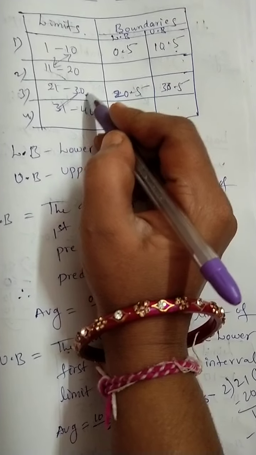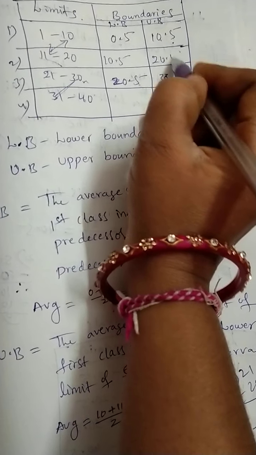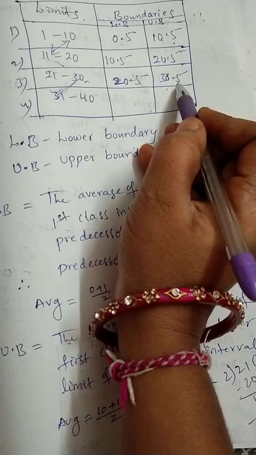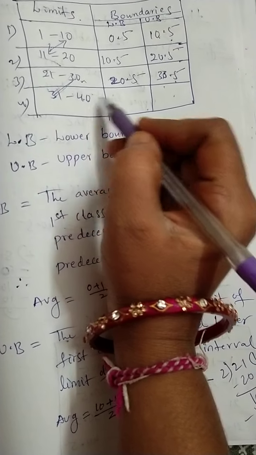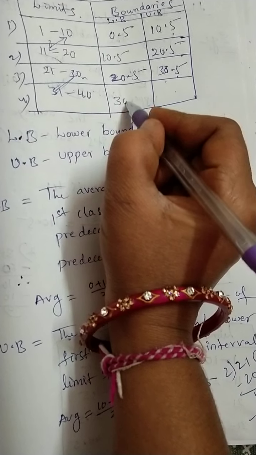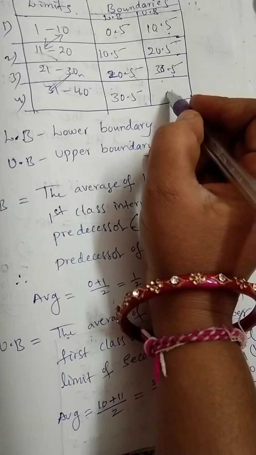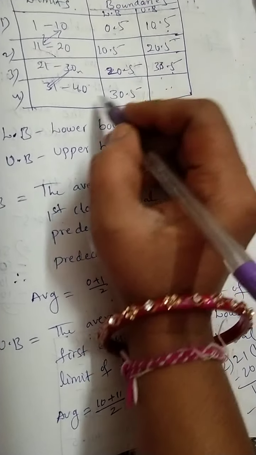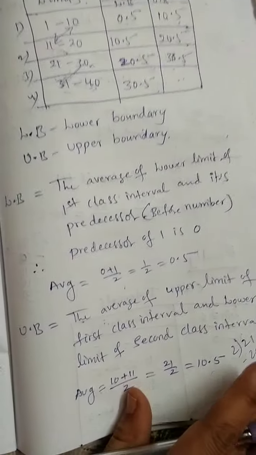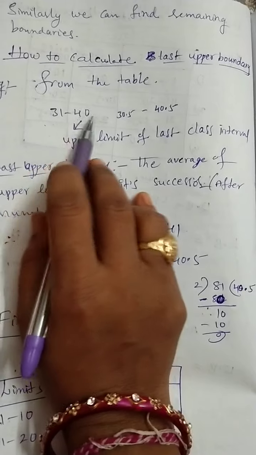Next here 10.5, here 20.5. Similarly for this average you will get 30.5. So for this, how to calculate? This is 31, here it is 30.5, and here it should be 40.5. How will it come? For this class, 31 and 40. This is the last class interval.